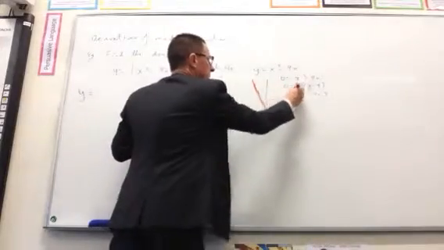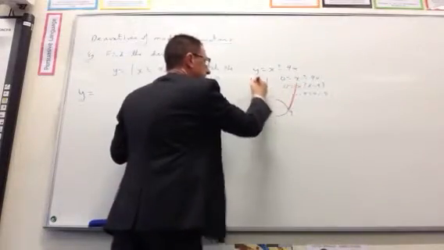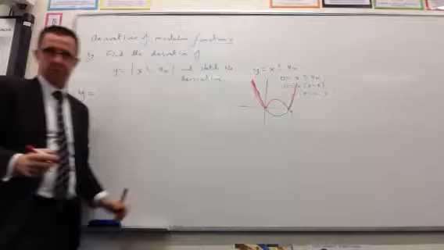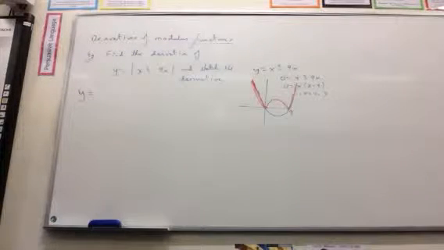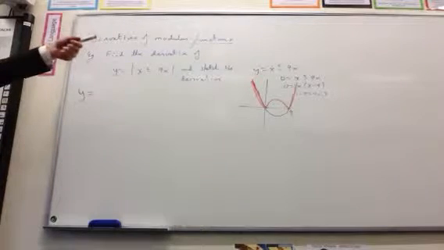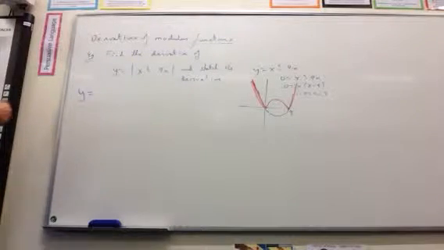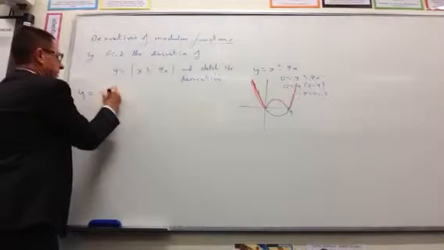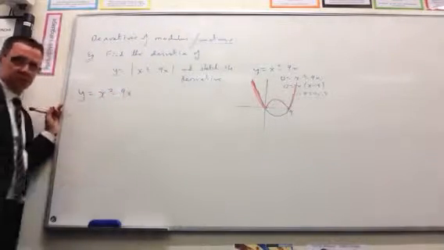That one and that one. What would be the name of that? What function is that? Is it the original or is it the flipper? The original. What was the original equation that we drew? X squared minus 9x.